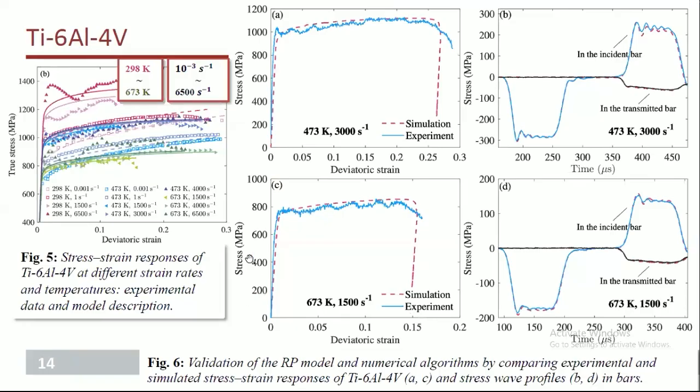Here's one of the examples for the titanium alloy. Figure 5 shows stress strain diagrams for these materials at different temperature and strain rates, showing the behavior of the one-dimensional RP model. Figure 6 demonstrates both the simulated and experimentally measured stress strain diagrams of the sample in two different loading cases, as well as the corresponding stress waves measured and simulated in the incident and transmitted bars.